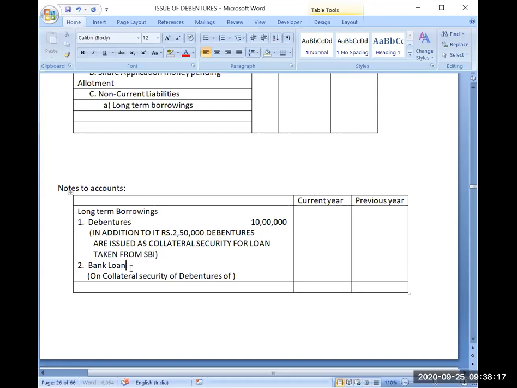And in the same way, for the bank loan, or I should write here SBI loan, the amount will be 2 lakh.